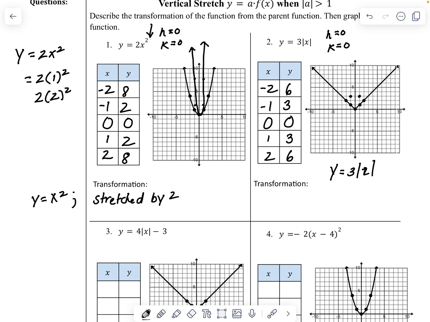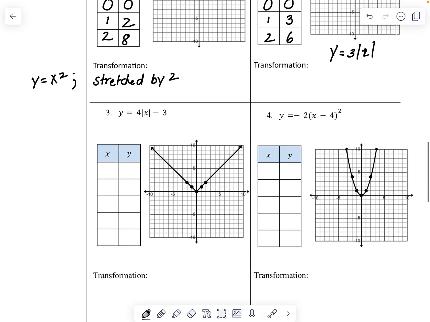And then at -2 and 2, we're going to be up at 6. Okay, this one is a V. So when we stretched it, we moved it closer to the y-axis.